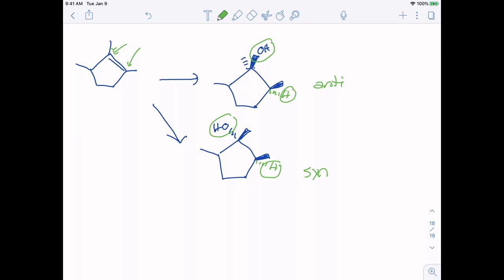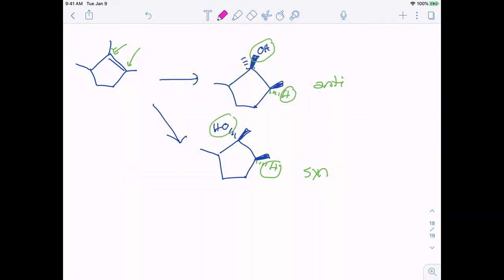So if I gave you both of those, so if there's like a plus side between them and one arrow, anti and syn, it's going to be the acid catalyzed because that's the one where we get the mixture of stereoisomers. If we only got the first one, it's going to be the oxymercuration. If we only got the second one, it's going to be the hydroboration. Oftentimes, like I said, you can tell based on substitution, but these ones are equally substituted, so just be careful.